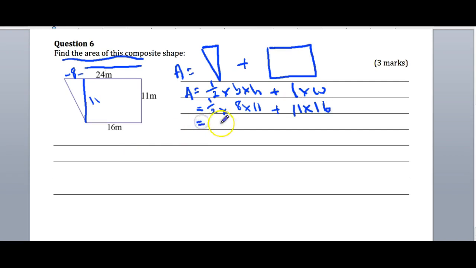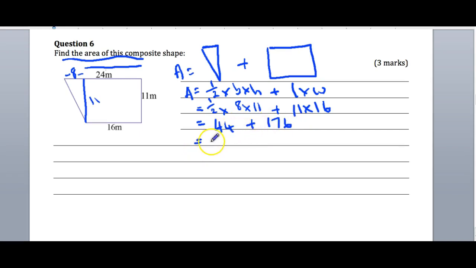Okay, and let's see if I can do this without a calculator. Half of 8 is 4. 4 times 11 is 44. Okay, so I've got 11 times 16. What I would do here is separate that 11 into 10 and 1. So 10 times 16 is 160, and then add another 16 is 176.